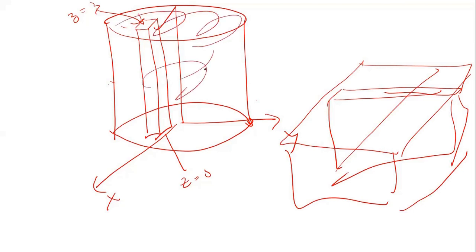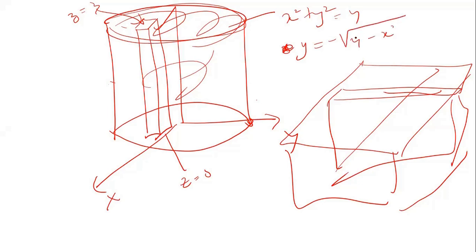The limits have to be chosen so as to integrate only within the volume of this cylinder. So for that, we know that the equation of this circle is x squared plus y squared is equal to 4. Then we choose our y limit as y equal to minus square root of 4 minus x squared to plus square root of 4 minus x squared.